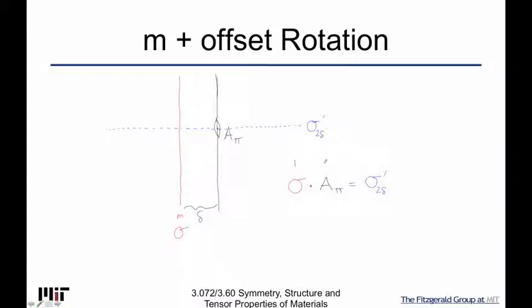So here we say that this is offset by delta, and then the angle between these is 90 degrees.